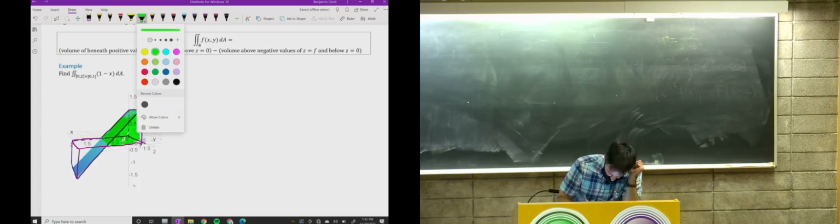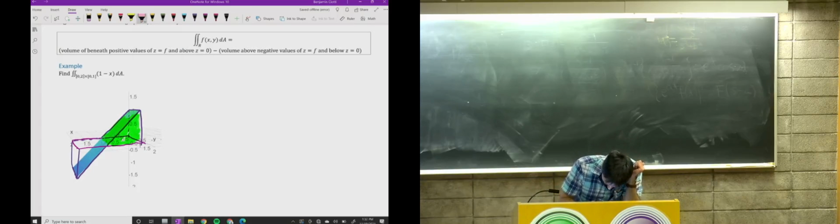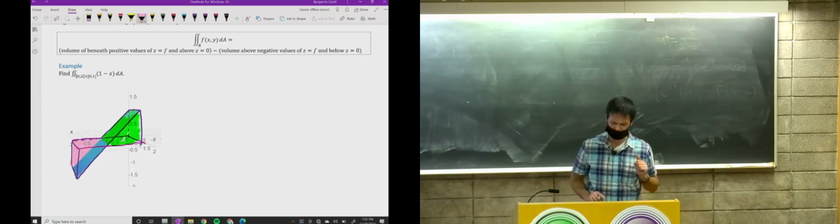And we're going to have negative volume right here, because that part is below the xy plane.